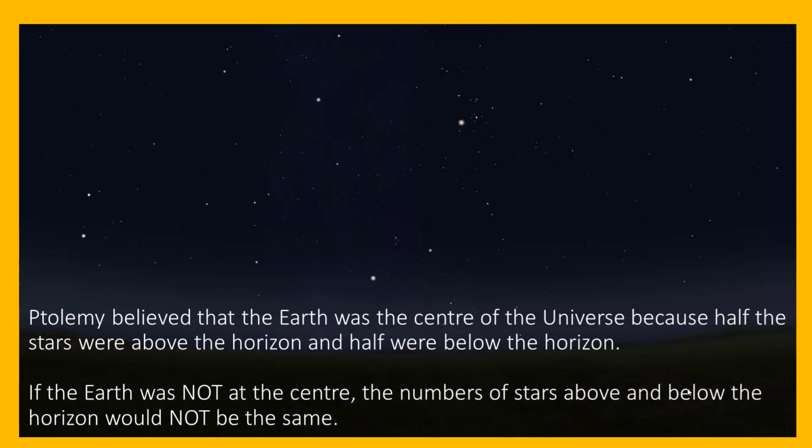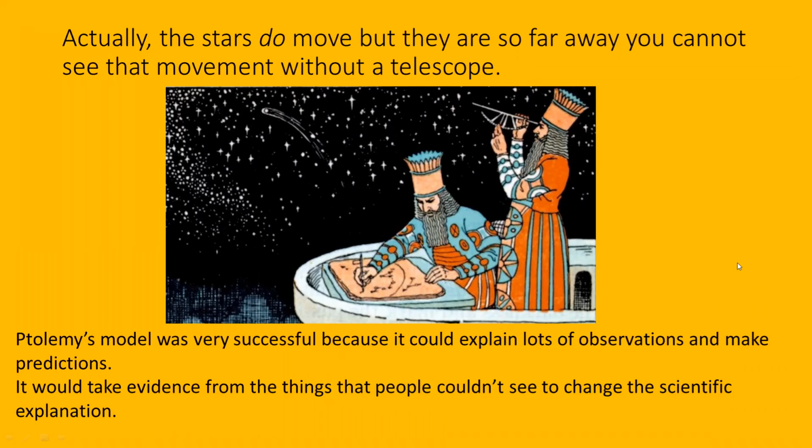Ptolemy believed that the Earth was the center of the universe because half of the stars were above the horizon and half were below the horizon. If the Earth was not at the center, the numbers of stars above and below the horizon would not be the same. But it's not correct, of course. Actually, the stars do move, but they are so far away you cannot see the movement without a telescope.